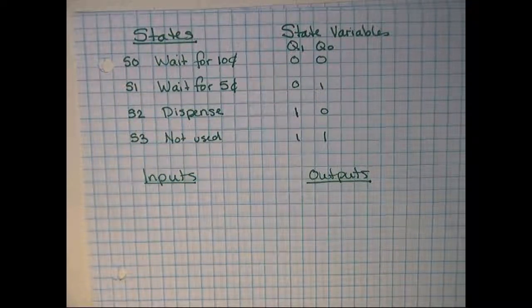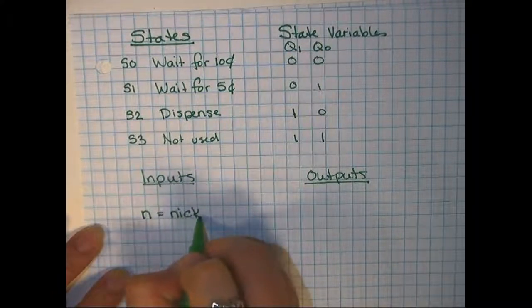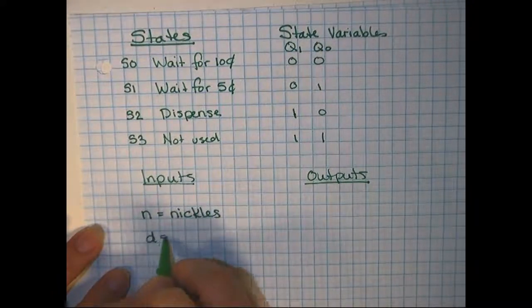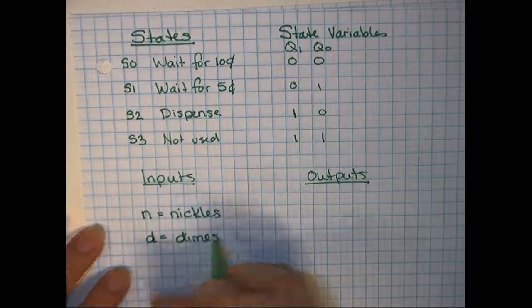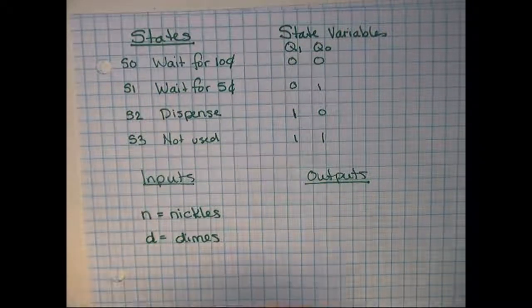So what do you think inputs are going to be? Money. What kind of money? Nickels and dimes. So we're going to call N nickels and D dimes. And what's the output? Candy. We love candy.